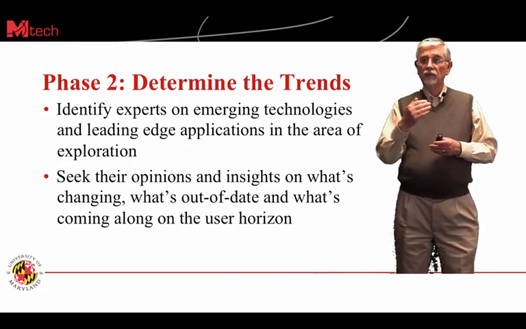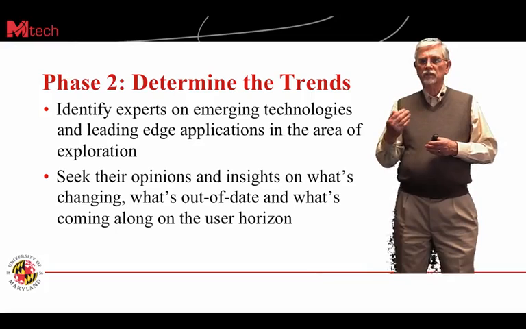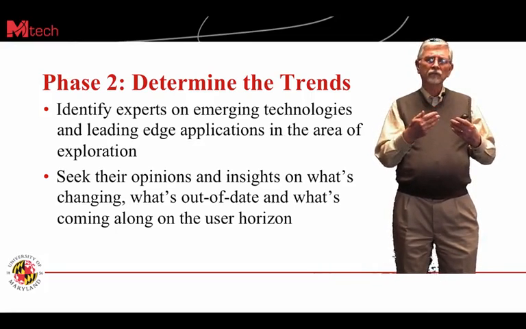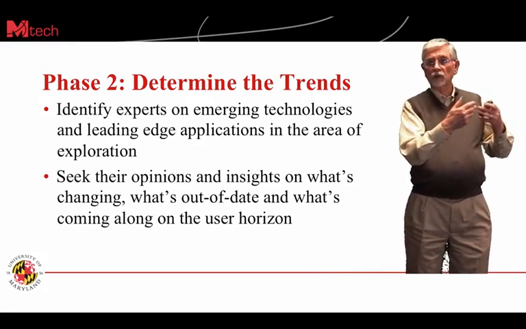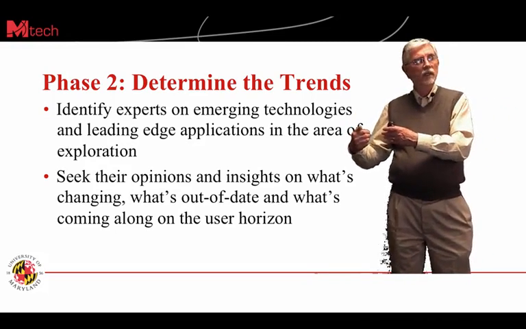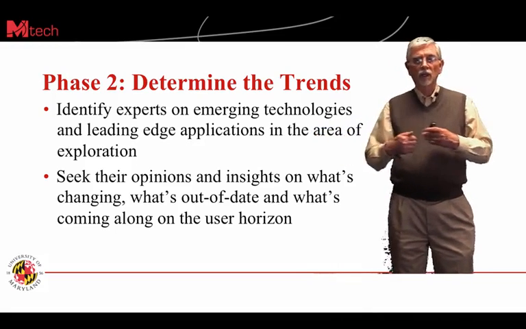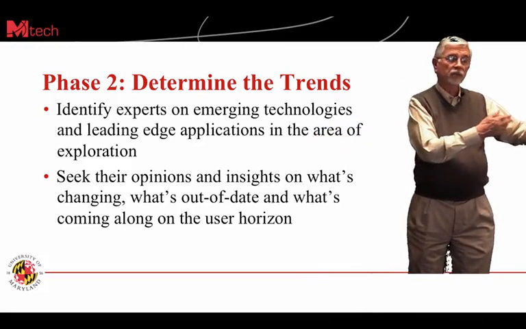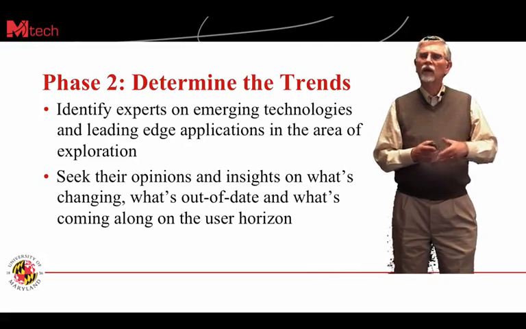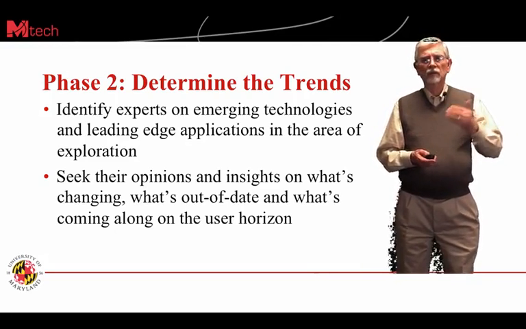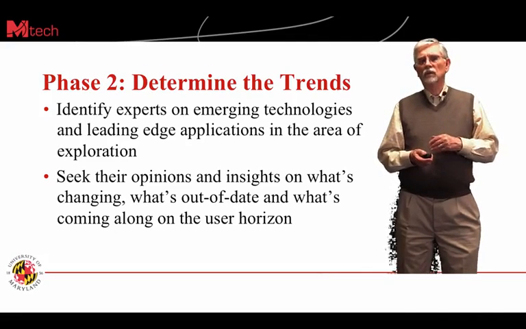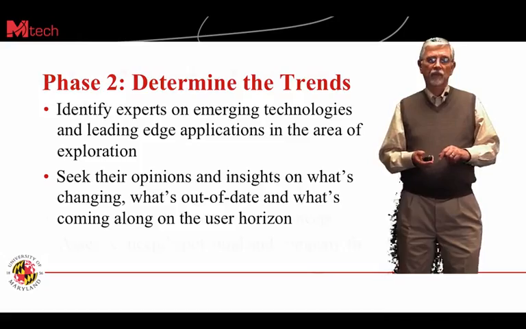You find those people and you seek their opinions and insights on what it is that's changing. Why are they doing what they're doing? And identify what's out of date. Why aren't they still using some equipment that some hospital is still using, and they've changed that equipment? You get the answer to why they have moved to something new. What that helps you do is see what's coming along the user horizon.